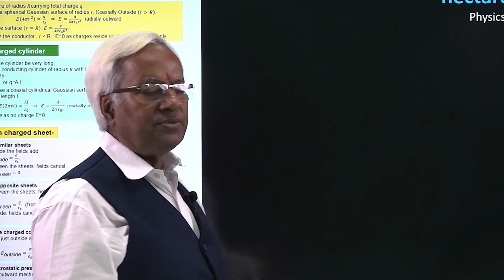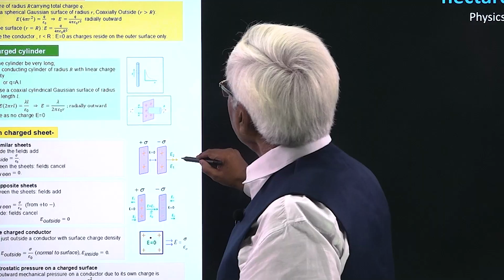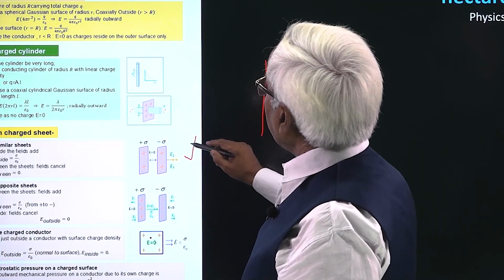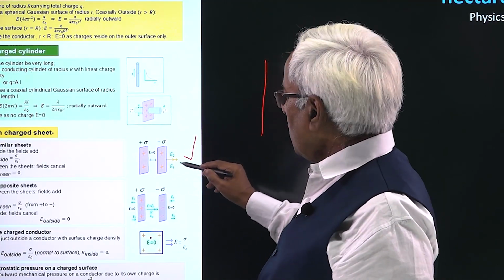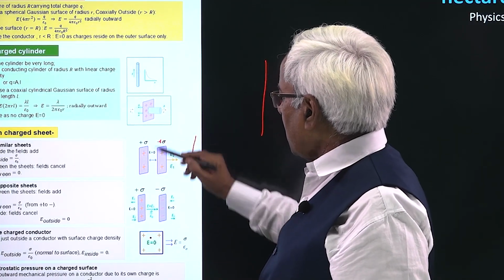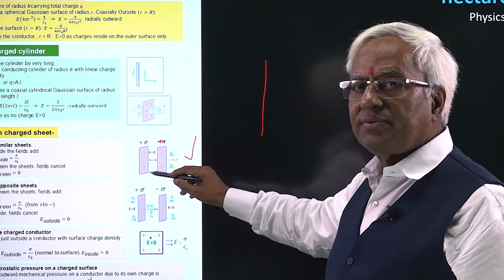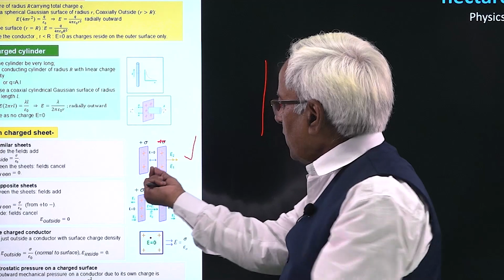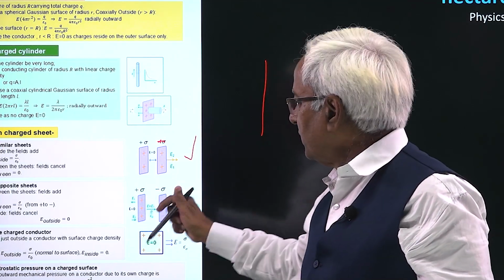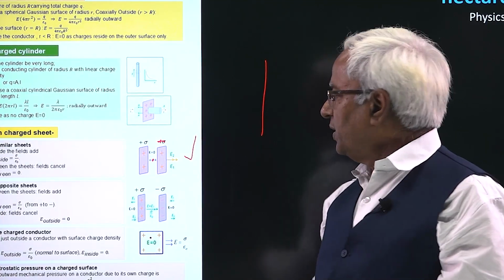Now is the time to consider two parallel sheets. They might be similarly charged or oppositely charged. If they are similarly charged, meaning both are positive, then they'll produce equal and opposite fields inside. Here it's going to be 0 within the two sheets.